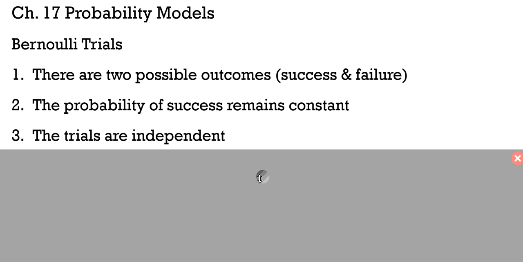Now, that idea of independence gets a little tricky when we're talking about cases where we're not replacing anything. We're done without replacement, whether we're talking about a card type of problem, or buying a box of cereal.